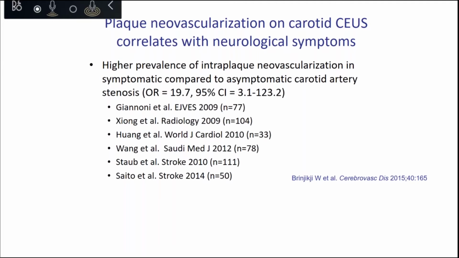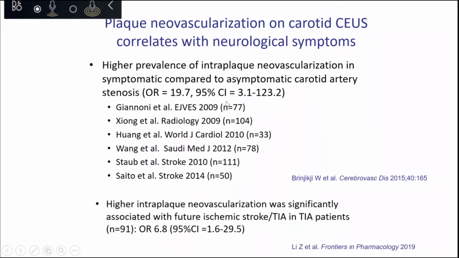They all found, in all these studies summarized in this overview, also including our studies, a higher prevalence of intraplaque neovascularization in symptomatic compared to asymptomatic carotid stenosis, with an odds ratio of almost 20. But all these studies are not prospective studies.